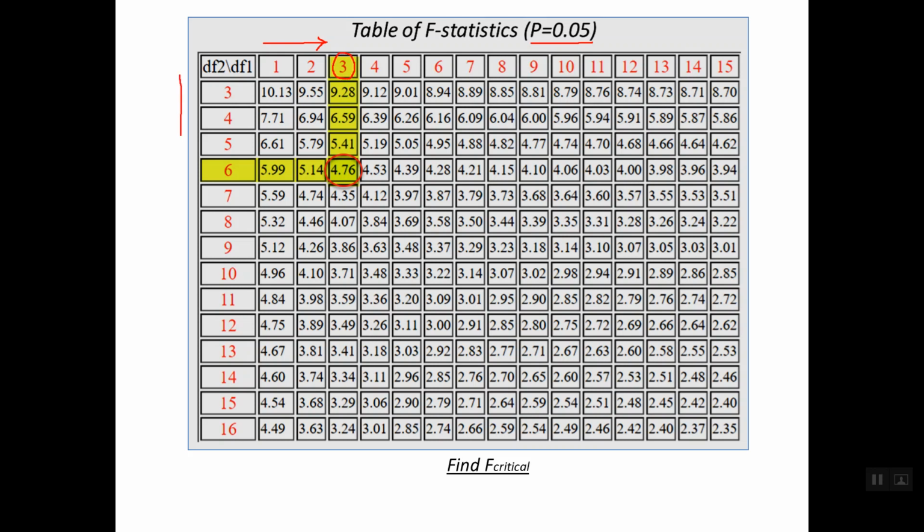And in the column here, we should have the degree of freedom for the error, which is equal to 6. The intersection between these two values is simply the F critical, which is equal to 4.76. So the F critical for probability of 0.05 and degrees of freedom 3 and 6 is equal to 4.76.